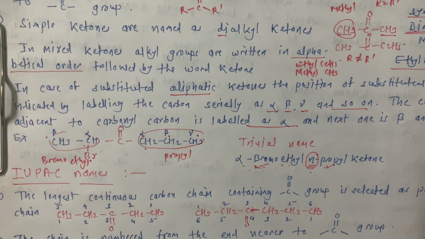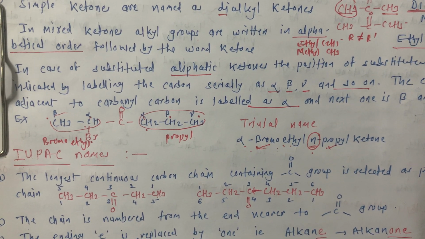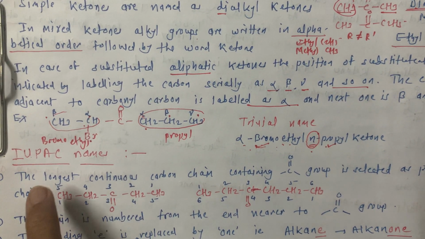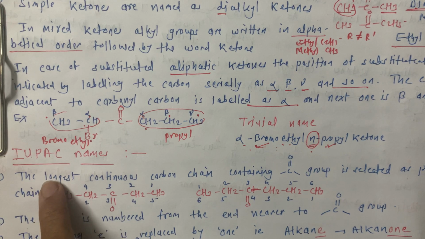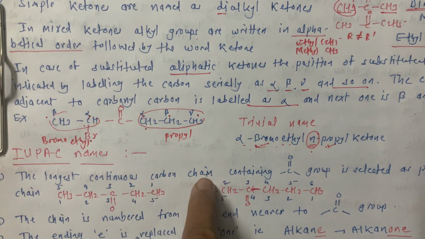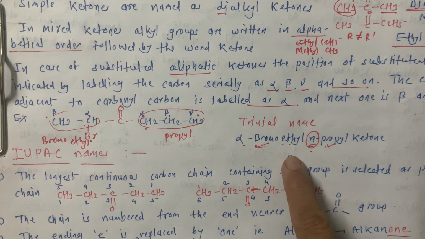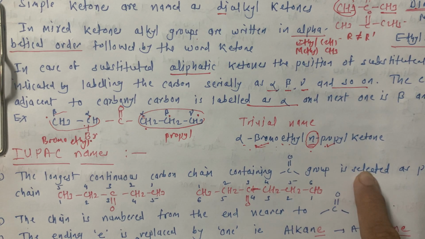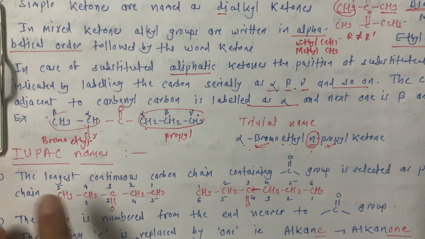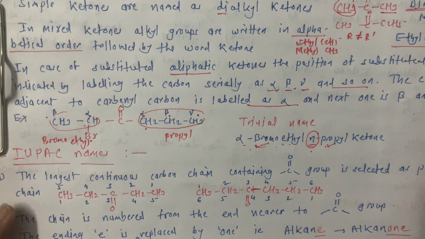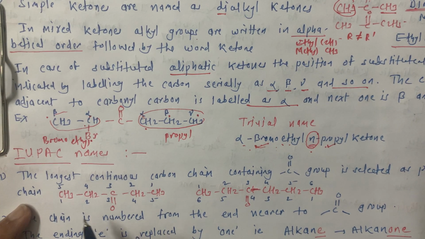Okay. Now next one is IUPAC names. The first rule again the same. The longest continuous carbon chain containing carbonyl group is selected as parent chain. See now, here it is a carbonyl carbon.